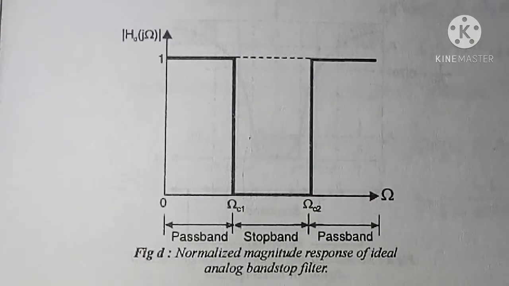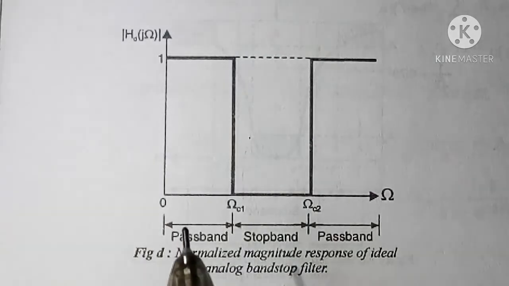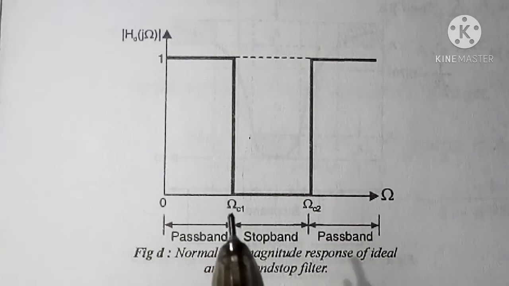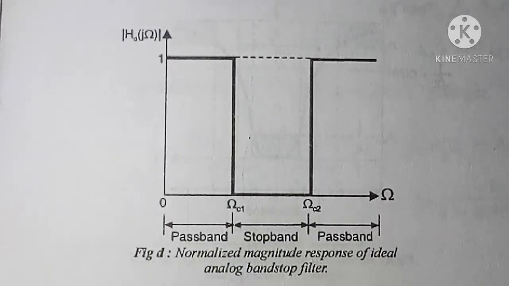Now we will take up normalized magnitude response of ideal analog bandstop filter. The bandstop filter is one which does not permit the components of input signal having certain range of frequencies, whereas it allows to pass through it the components of input signal which are having frequency lesser than and more than that range of frequencies.